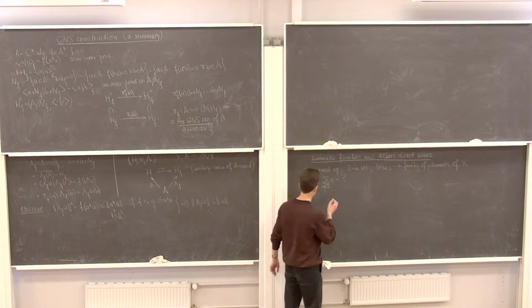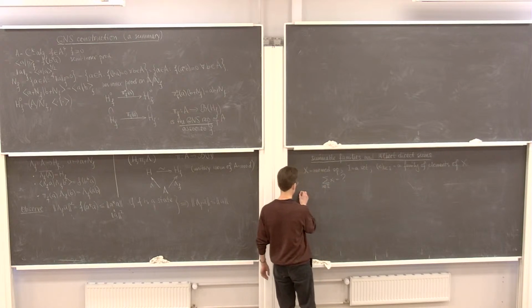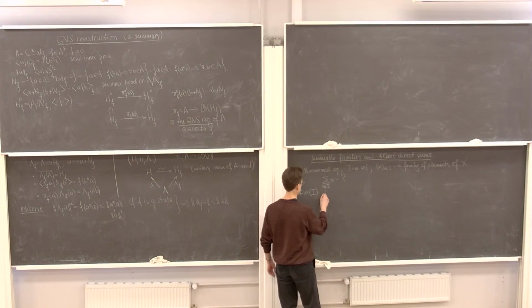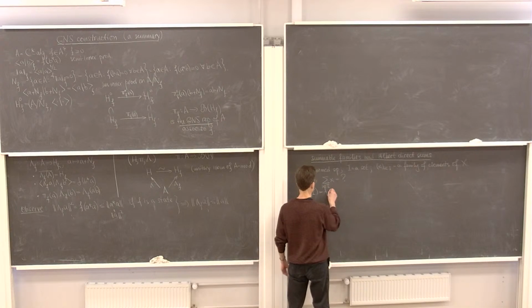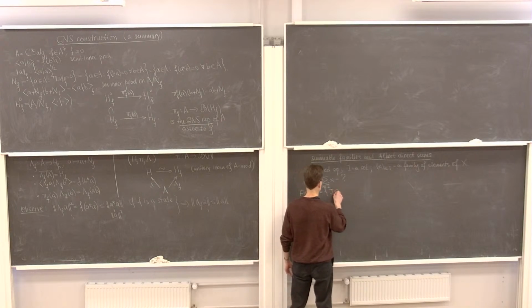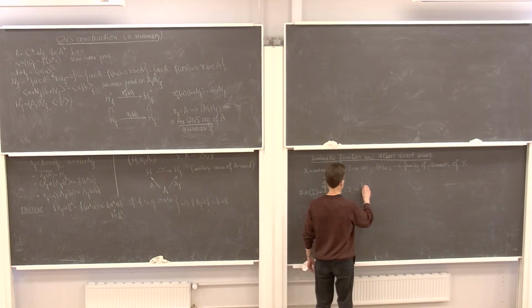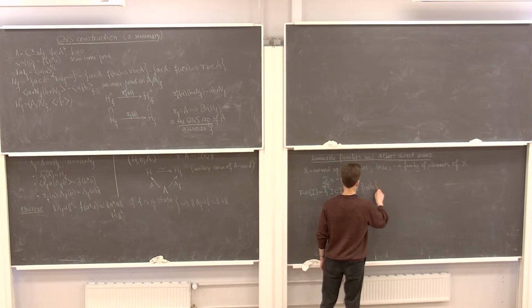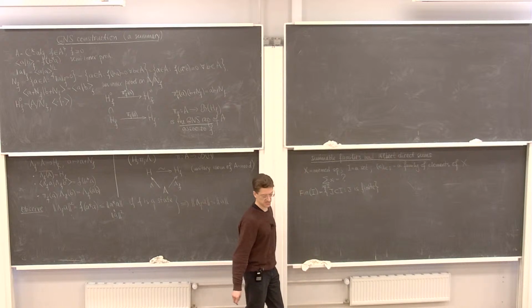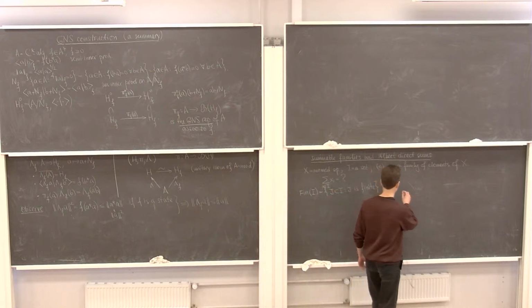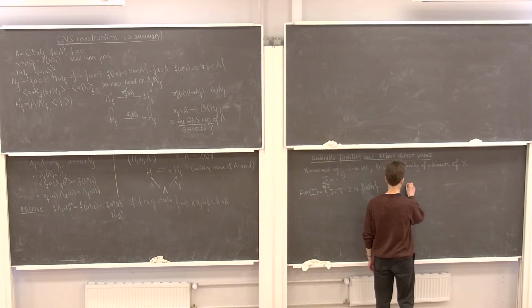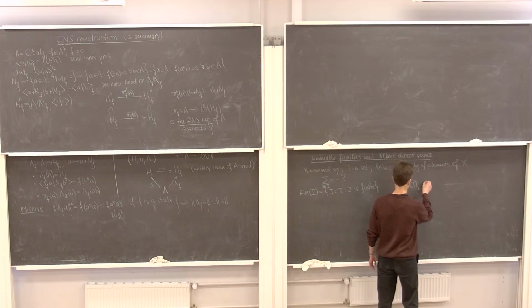To answer this question, let's consider the collection of all finite subsets of I, which we denote by fin of I. This is the family of all finite subsets of I. And we observe that this is actually a directed set, a directed partially ordered set. The order relation is just the inclusion.